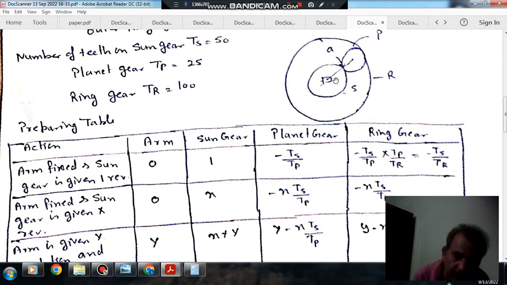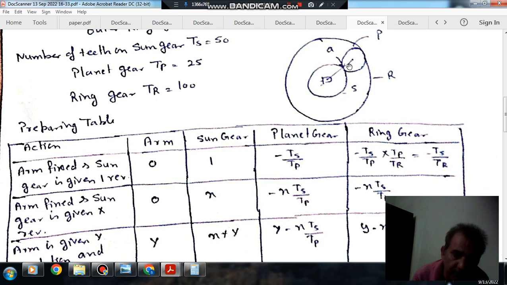NP by NS will be equal to minus TS by TP. As NS is 1, NP will be minus TS by TP.